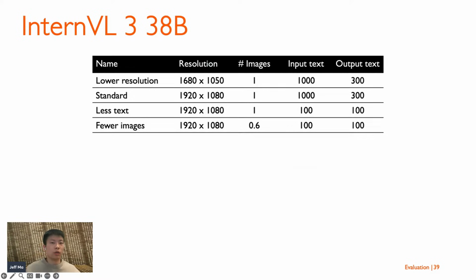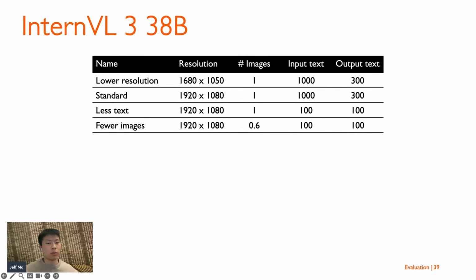Moving on to multimodal input models, where there are many existing solutions, I'm showing you slides of the workflows we swept on InternVL3. We conducted a range of controlled benchmarks varying image resolution, the expected image count, the input length, and output length.